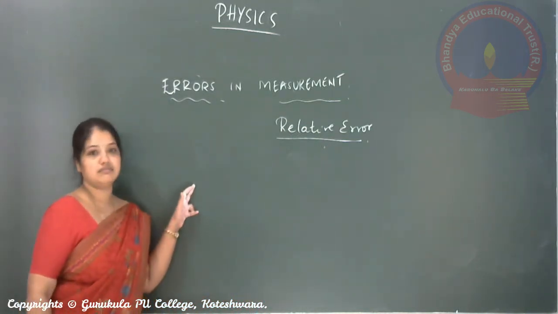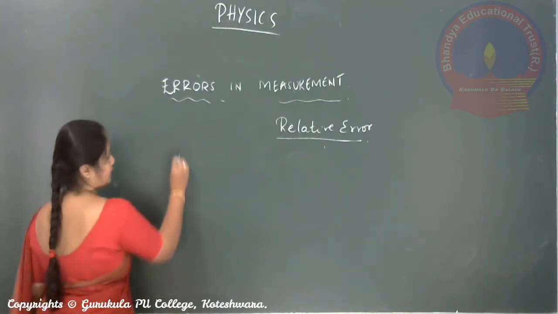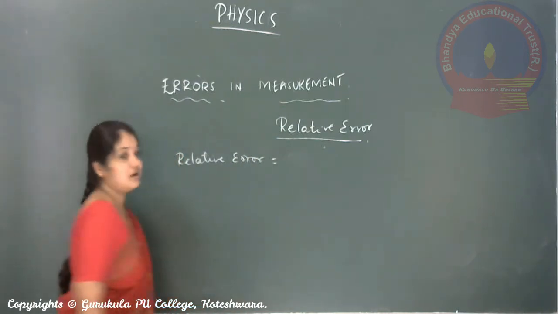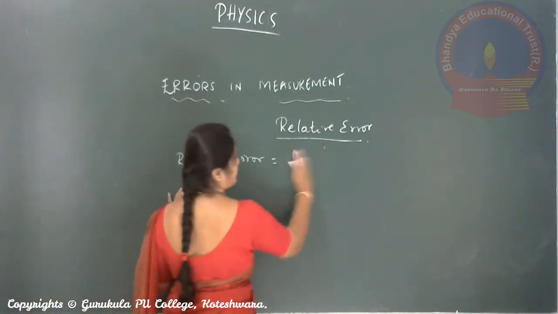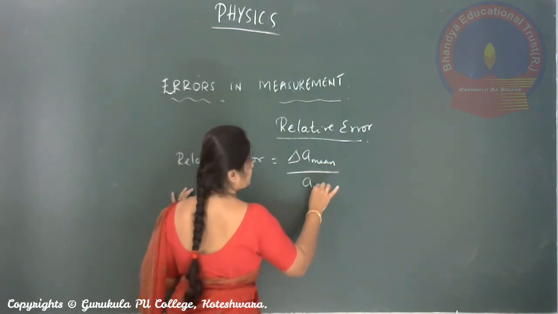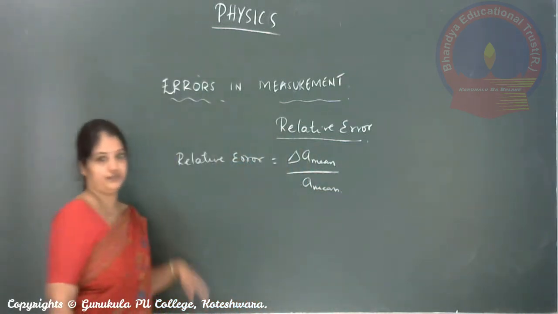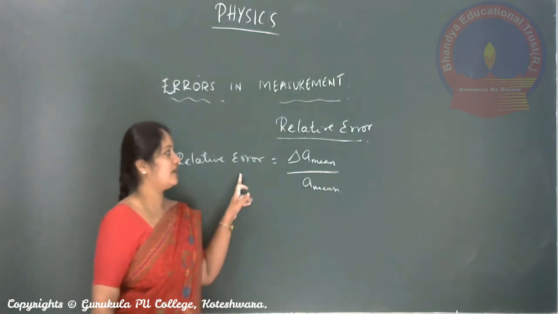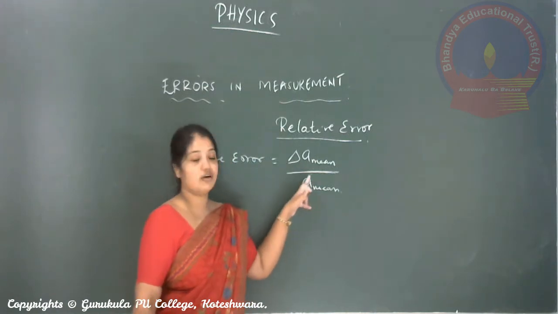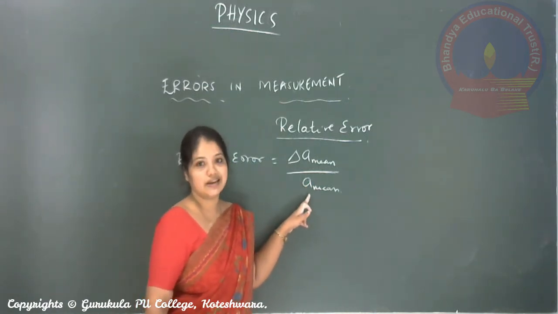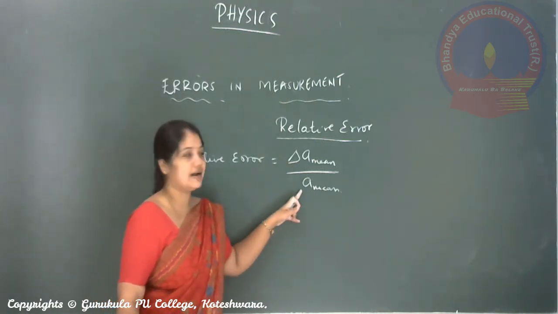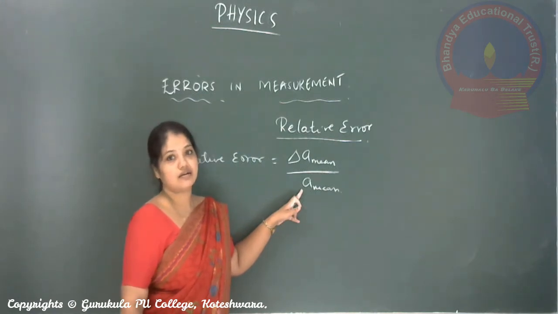Relative error is nothing but the ratio of the mean of the absolute error to the arithmetic mean of the value. So relative error I will have as delta A of mean divided by A of mean. So it is the ratio of the mean of the absolute error to the mean of the value.